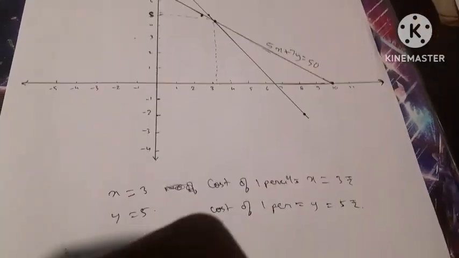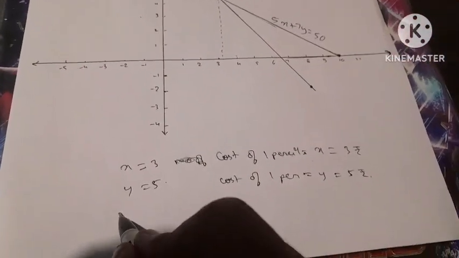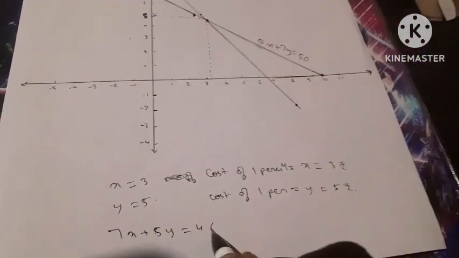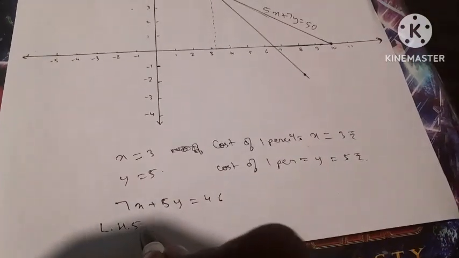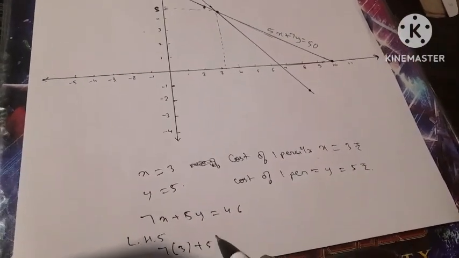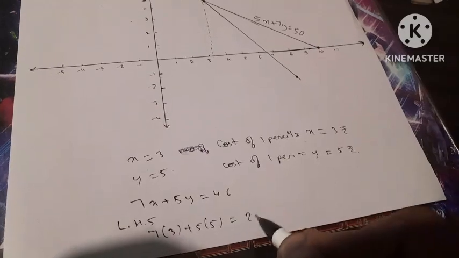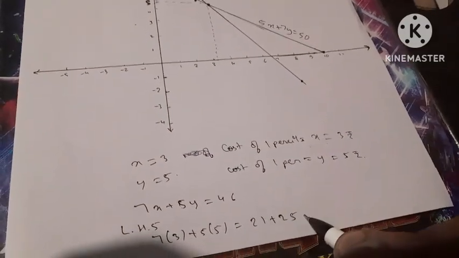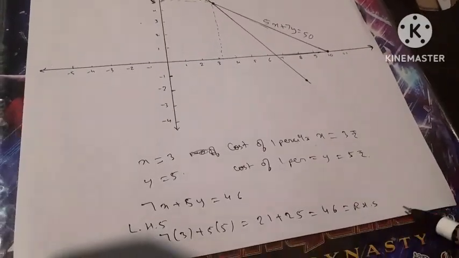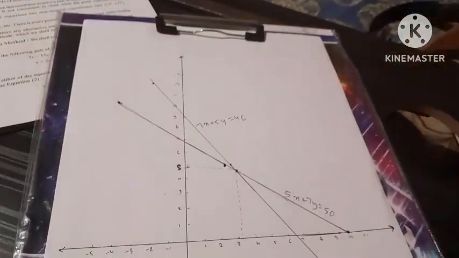If we check it with the equation, the equation was 7x plus 5y equal to 46. So LHS: 7 into 3 plus 5 into 5, 21 plus 25 equal to 46. So equal to RHS. So the answer is correct.